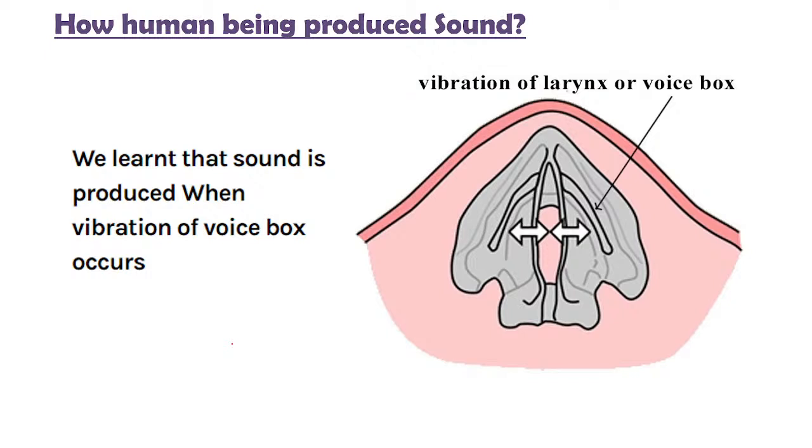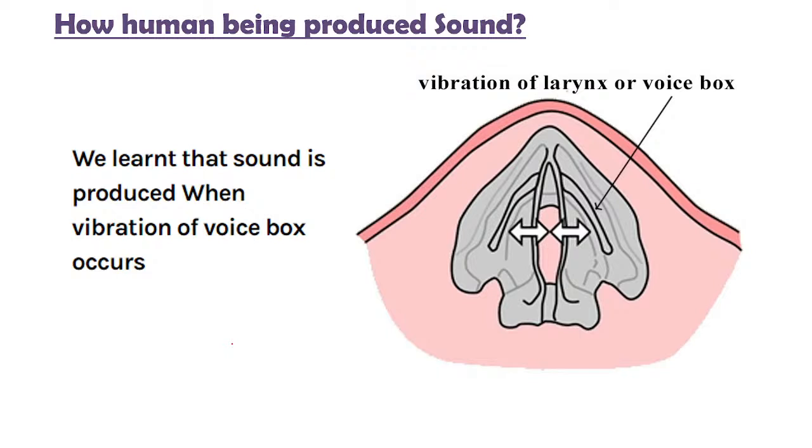And since all sounds are produced by some kind of vibration, there must be something in our body that is vibrating and producing sound. Right now you can touch your neck region and try to produce a sound. You can do the activity with me. You are going to produce some sound and keep your finger on the neck region. What do you notice? You can feel the vibration, right? You can feel that something is moving inside and producing sound, isn't it?